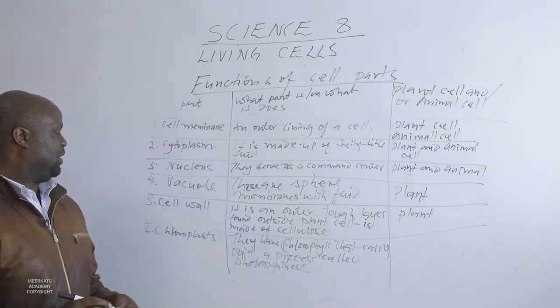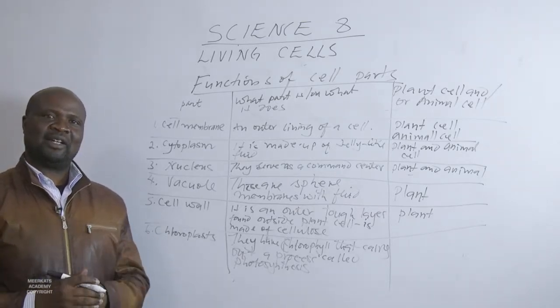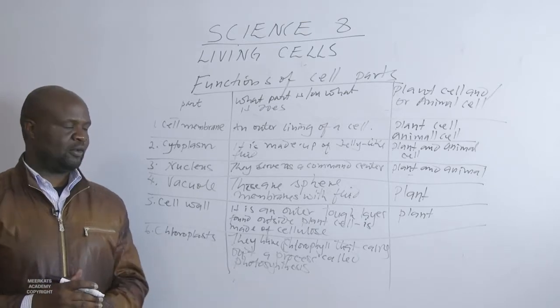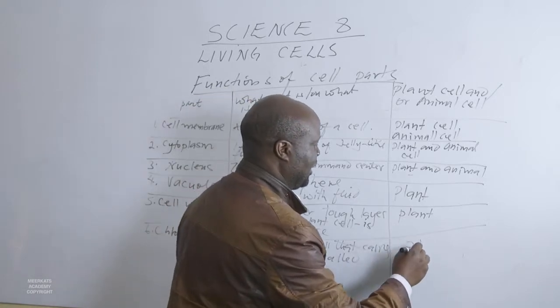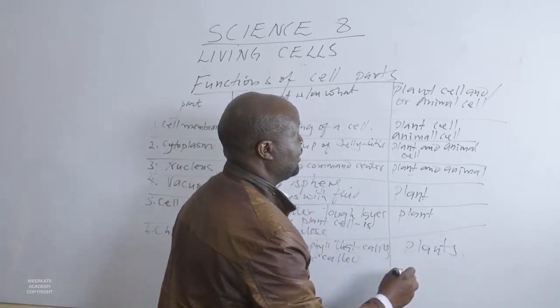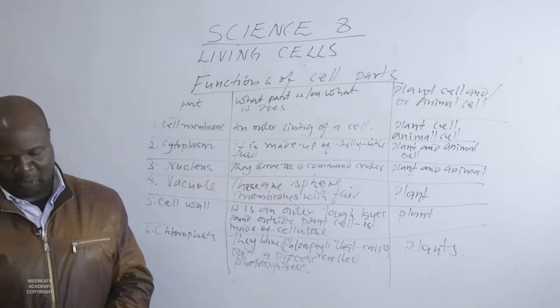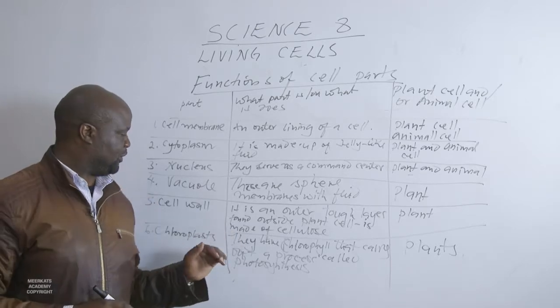Yes, the chloroplasts have chlorophyll, which is a green coloring matter, and they are able to carry out the process called photosynthesis. That one is not present among the animal cell, therefore it is only present among the plant cell alone. Note, important information we have to note here.